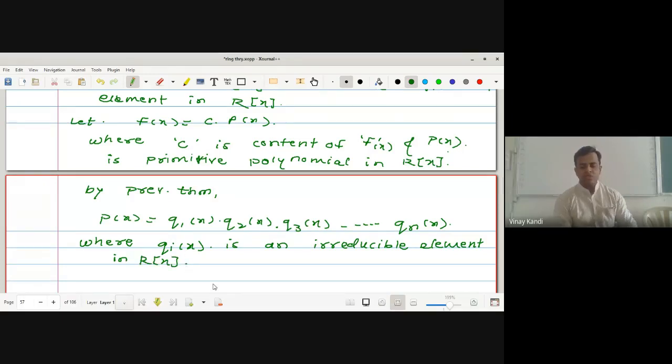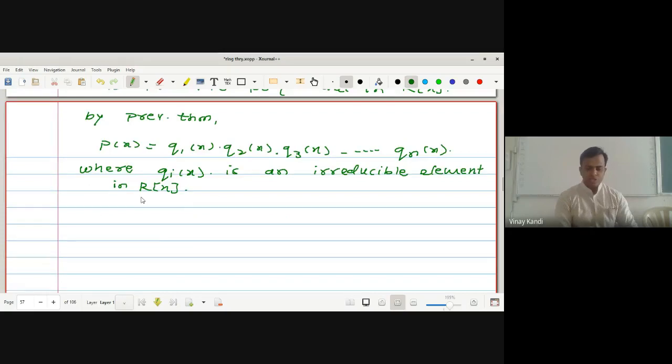Hence this representation is unique up to associates. We proved this in the previous lecture, yesterday's lecture. What is the meaning of this sentence?